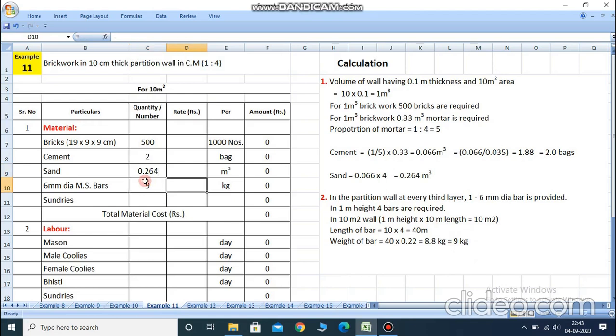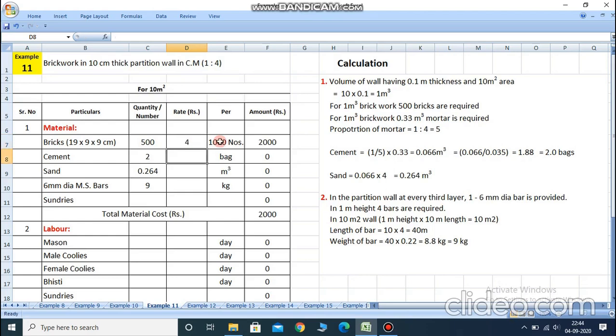So one by one we take the rates. Here 500 bricks are required. For the rate per brick, 1000 bricks we purchase for 4000 rupees. So the per brick rate is 4 rupees.